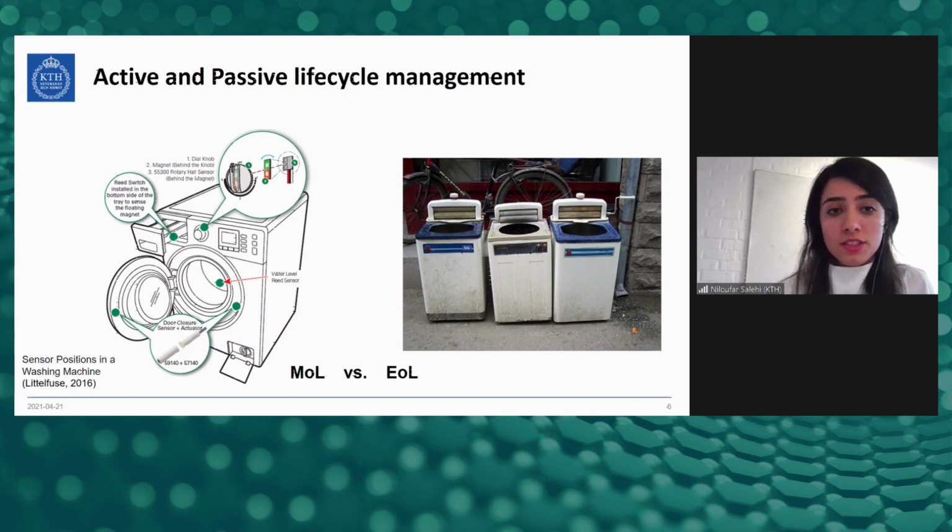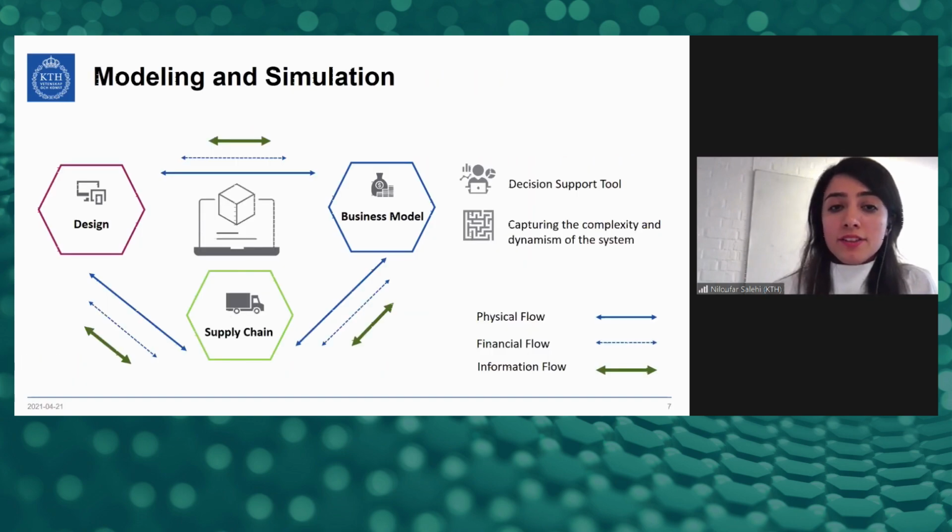considering information flow in your decisions. Another aspect of information and communication tools is modeling and simulation, which I'm majorly focusing on in my work as a decision support tool and as an analysis method for the manufacturing system. Physical and financial flow were always part of the modeling and simulation.